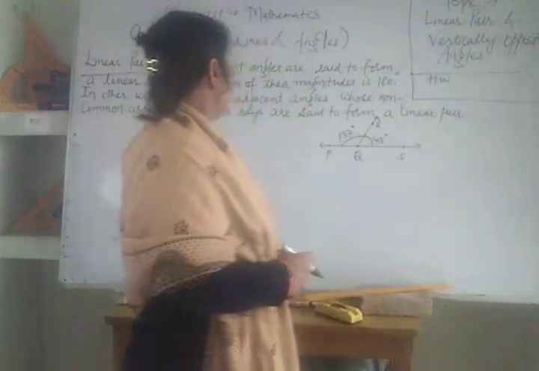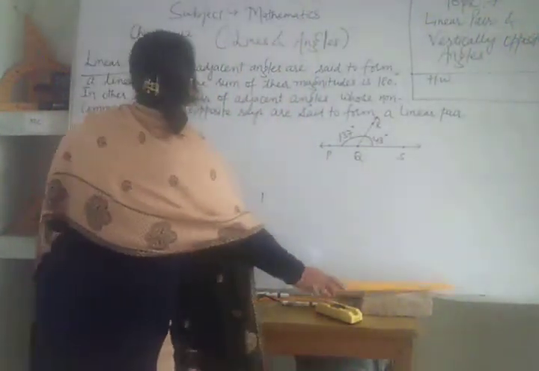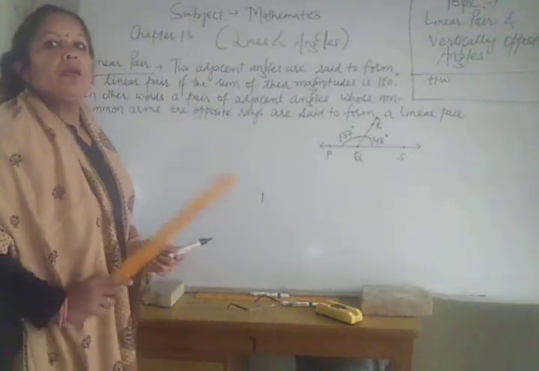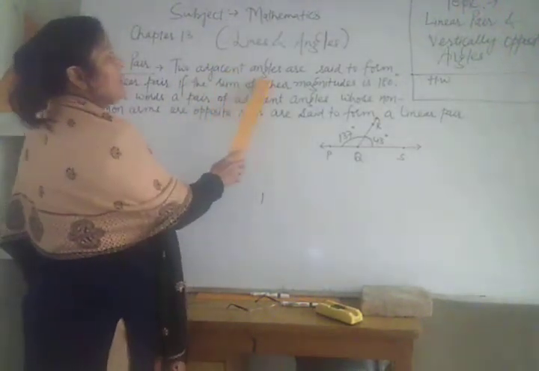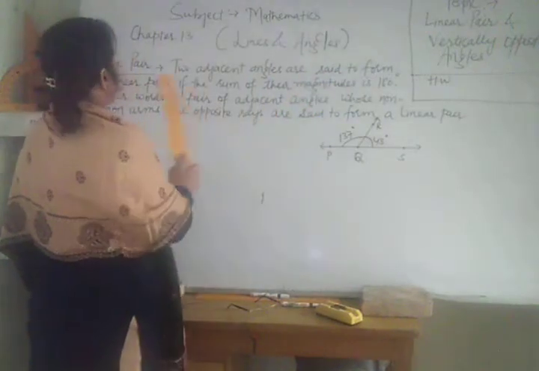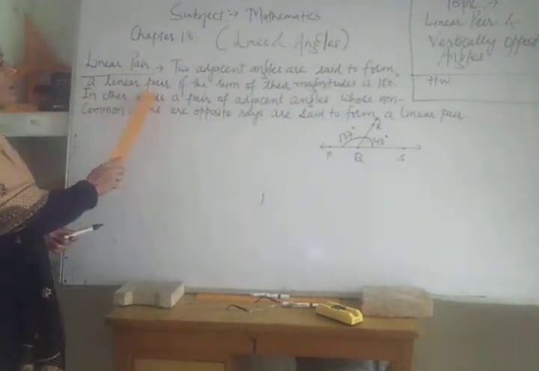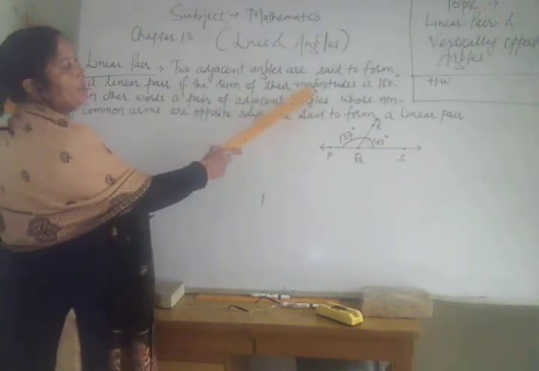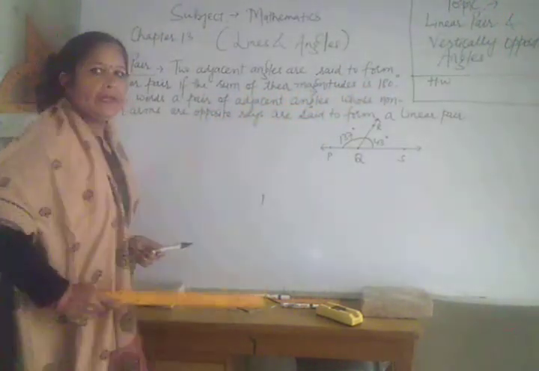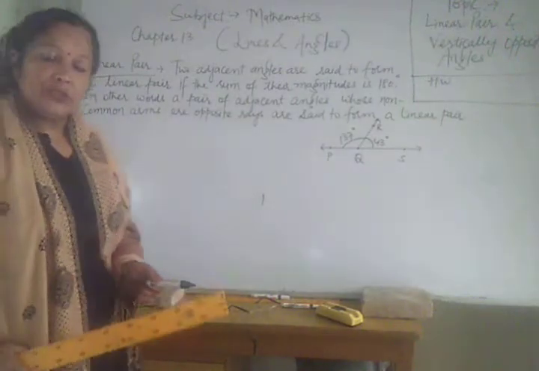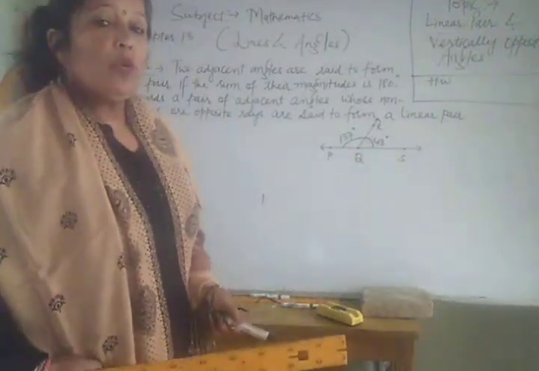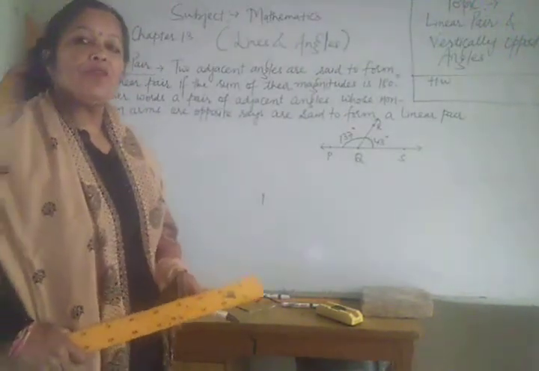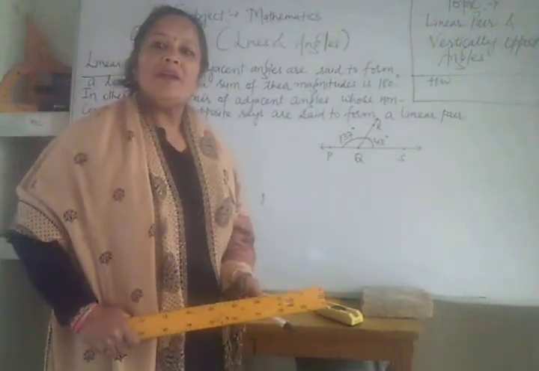Linear pair means two adjacent angles. Adjacent angles are said to form a linear pair if the sum of their magnitudes is 180 degrees. The angles are adjacent, but one more condition is key: the sum of their magnitudes will be how much? 180 degrees.